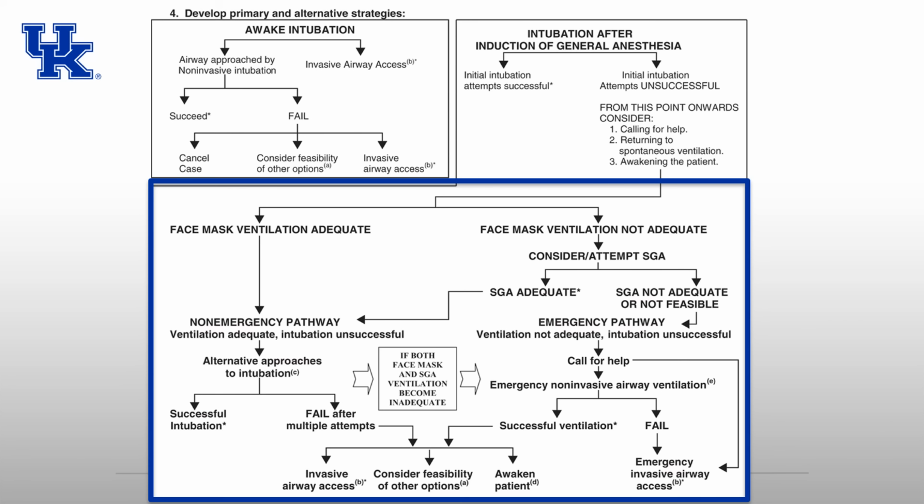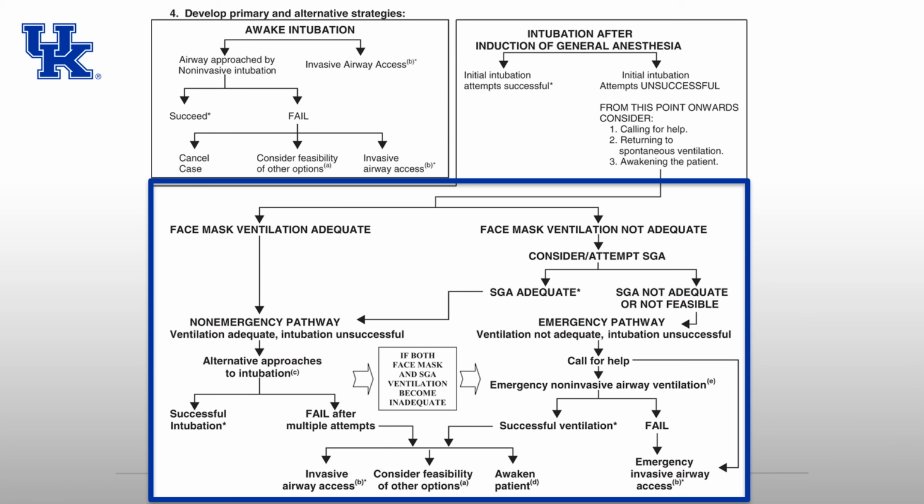Now, you don't want to consider this before you've tried some of the other means of establishing an airway, but again, 2.3% of anesthetic deaths are due to an inability to establish an airway. And so we really want to avoid getting there. So we have to be ready to establish invasive airway access, whether this is a retrograde intubation, whether it's a cric of some sort.